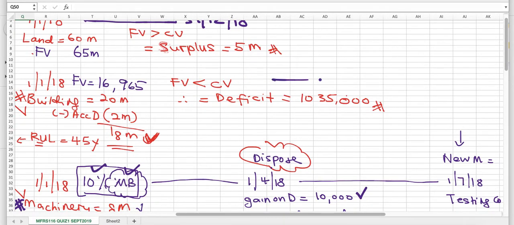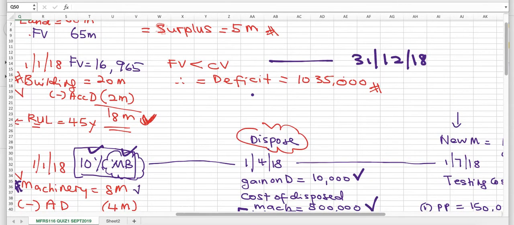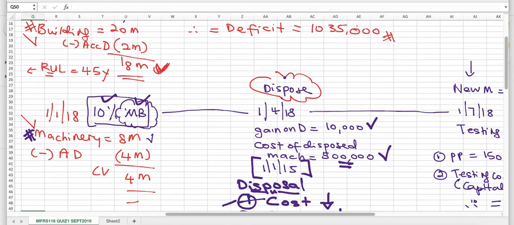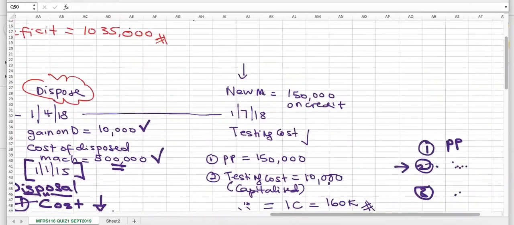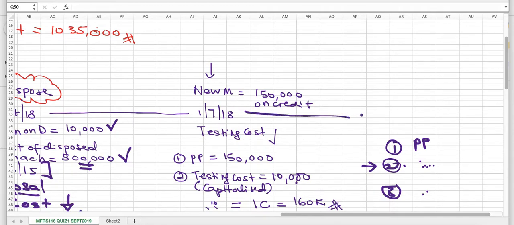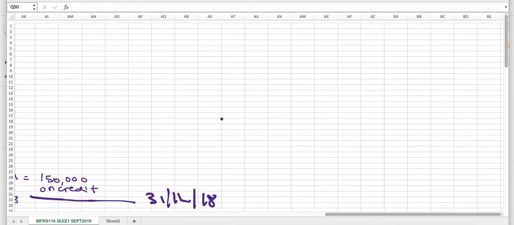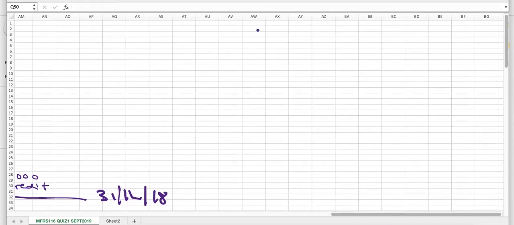There is no transaction for the building, no new transaction during the year. And for machinery, up to 31st December 18. So we have to prepare the movement.